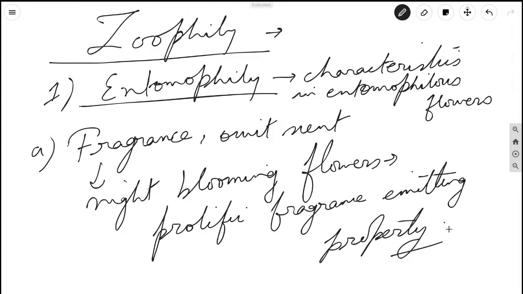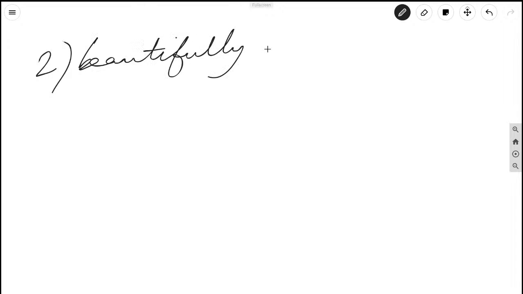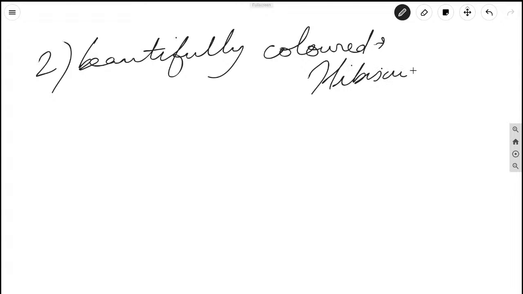Now what happens is, one more thing, the insect pollinated flowers are beautifully colored. You might have seen Hibiscus rosa-sinensis. Point number 2. They are beautifully colored, like hibiscus.